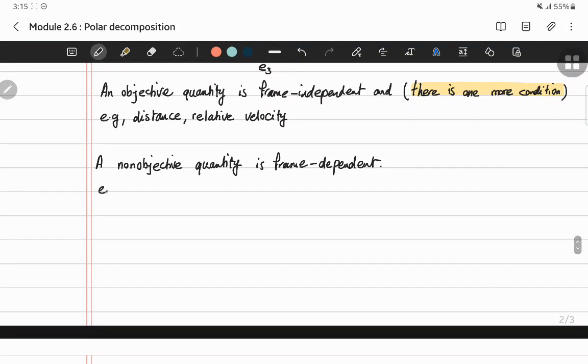And here we can say, e.g., position vector, this is a vector, also velocity vector, and a scalar which is non-objective, such as speed.